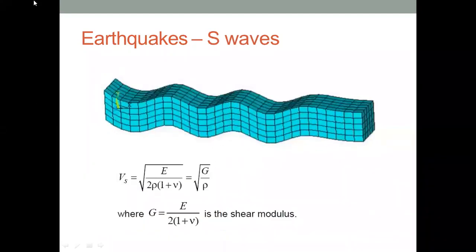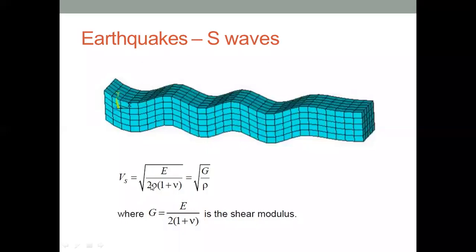Next, in body waves, again we have S waves, in short, which are shear waves. The shear wave velocity can be calculated using this formula: square root of E divided by 2 rho into (1 plus nu).